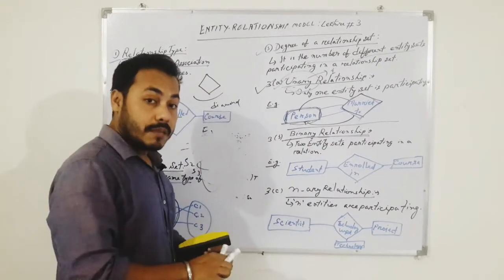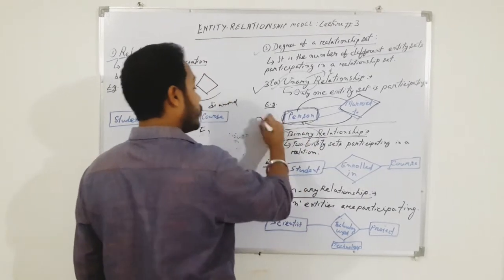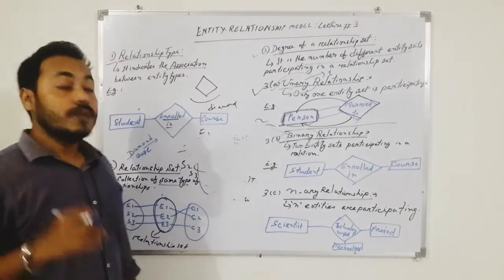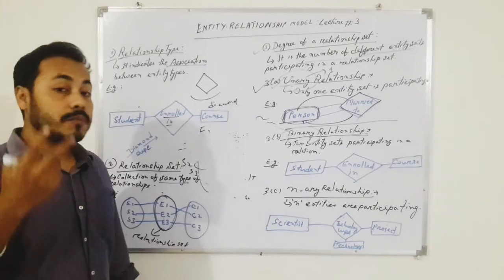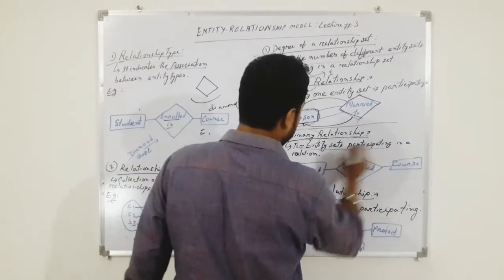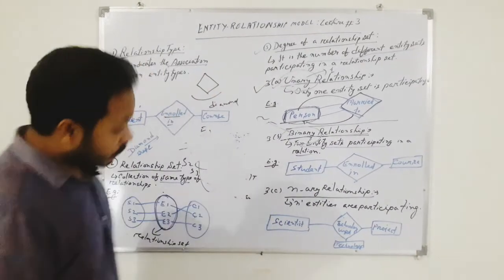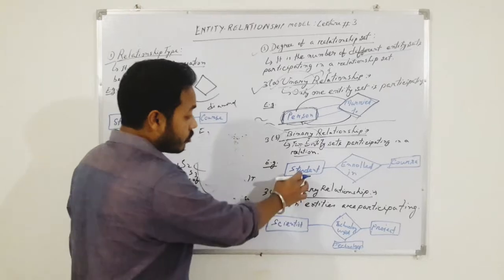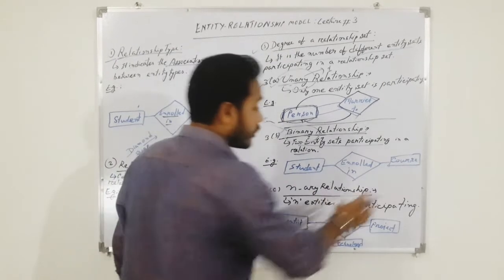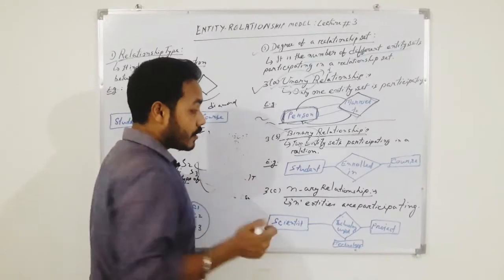So what do we mean by binary? Binary means, of course, two. And two means there will be two entity sets here, two entity sets participating in the relation. Now look at this figure. Student and course are our two different entity sets.